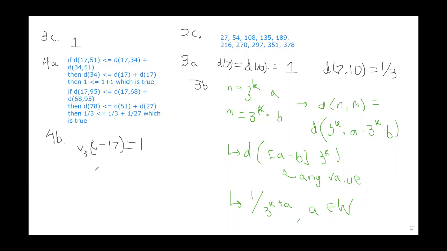So the solution classes: 17 is equal to negative 1, so we've got numbers that are 2 mod 9, and you've also got numbers that are 5 mod 9. And those are all your numbers that work. So c equals 2, c equals 5, they both work. Okay, and those are all your numbers that work for 4B.